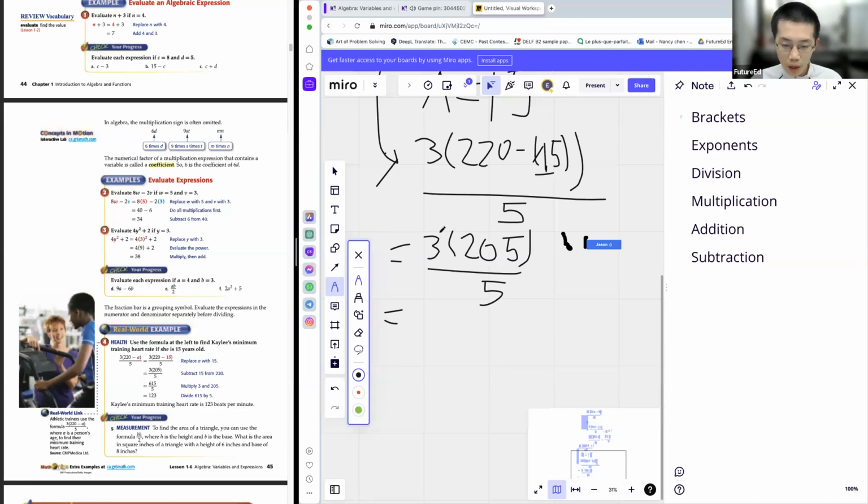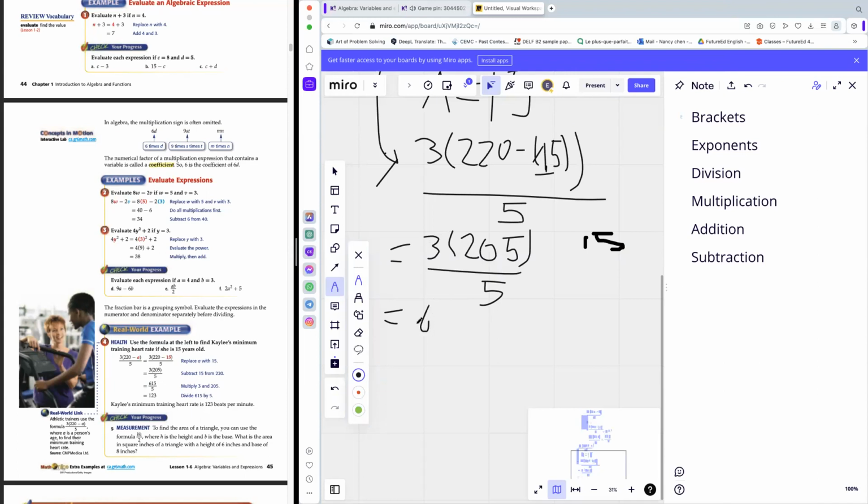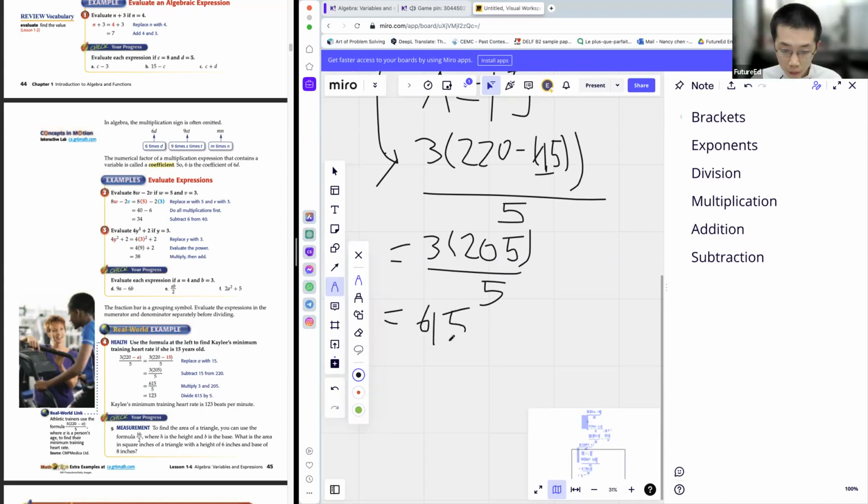In my opinion, doing the multiplication isn't that bad. What's 205 times 3? 615. 615 divided by 5.